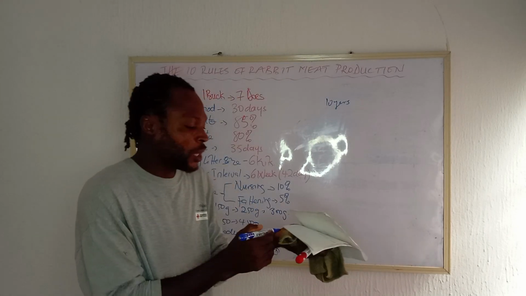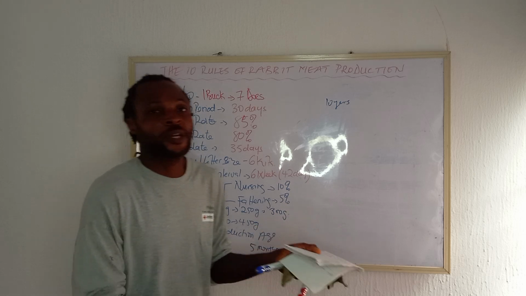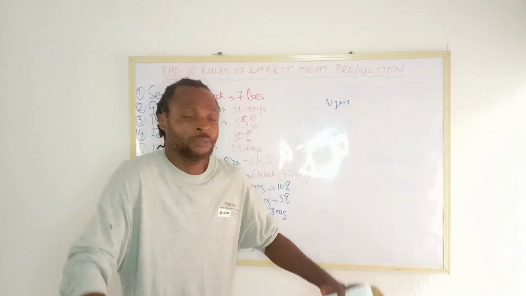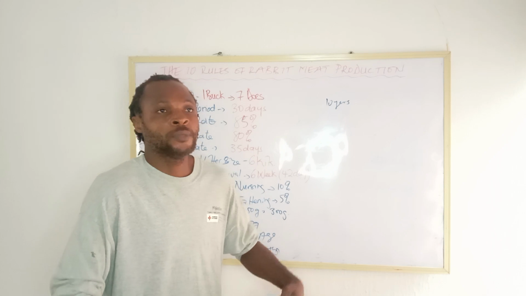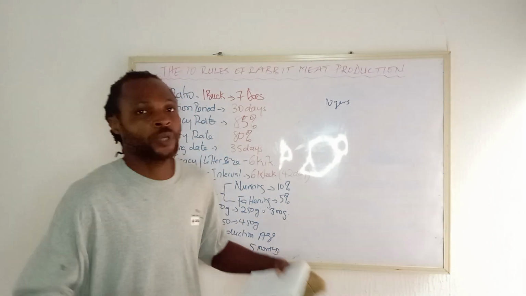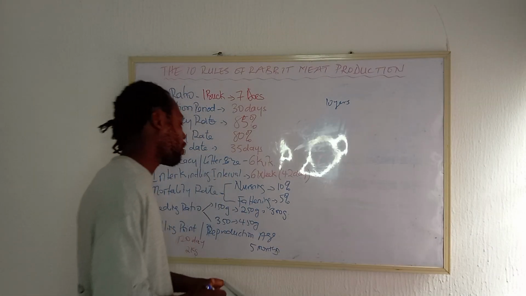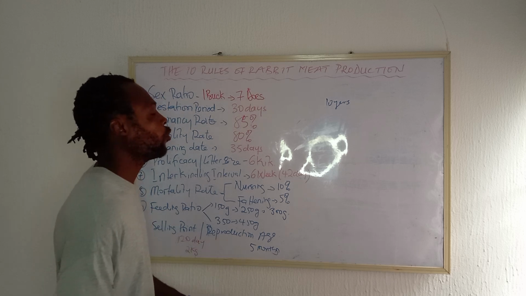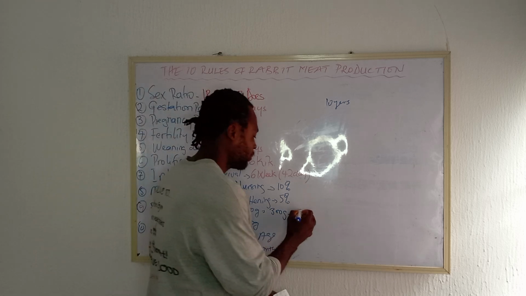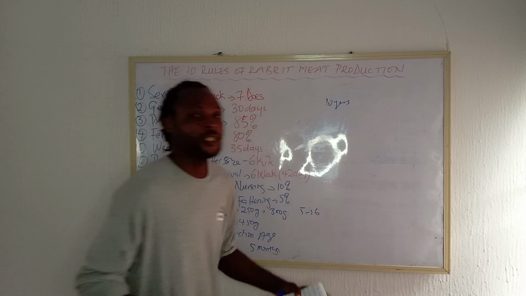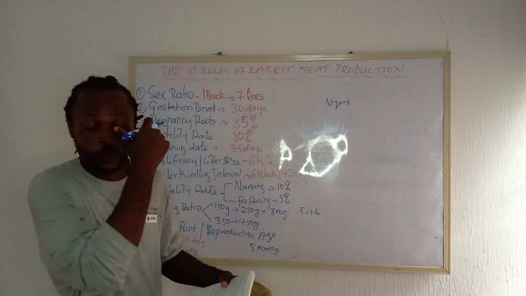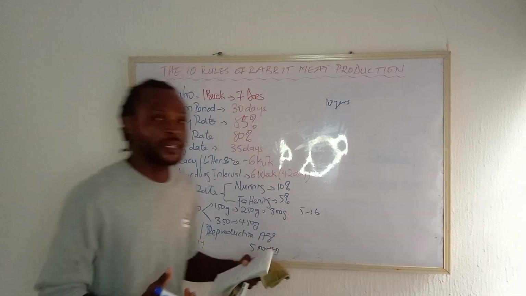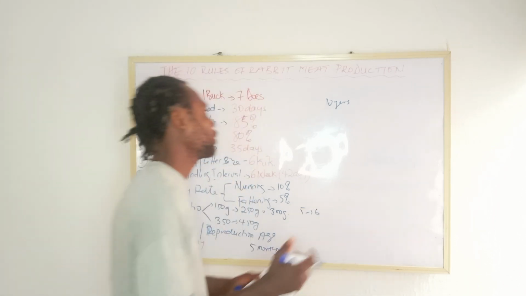Even though at 10 years she's seen her first menstrual cycle, her body system is not yet adapted to carry pregnancy. So I always tell people, do not use the first heat period to breed your doe. Always wait till she's 5 months or 6 months, when the vulva and the reproductive system are well developed and the maternal instinct kicks in immediately she kindles.